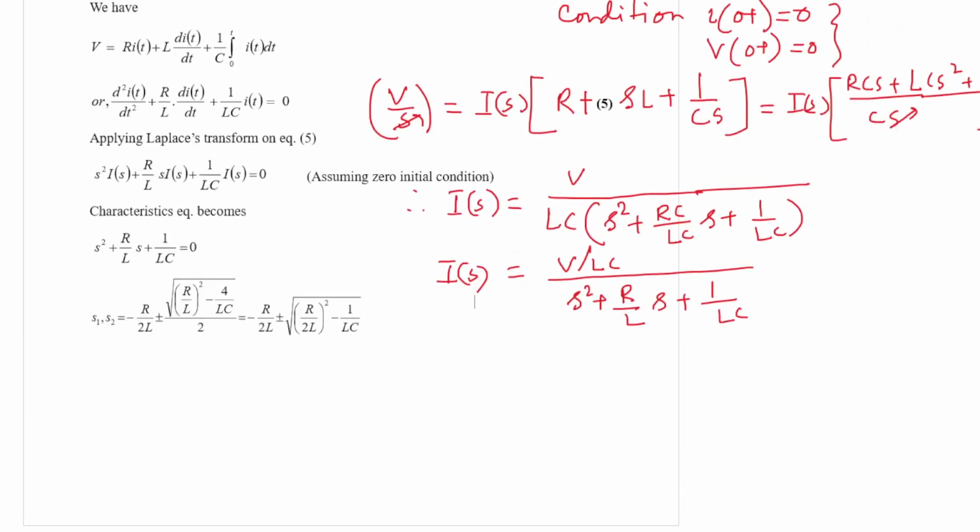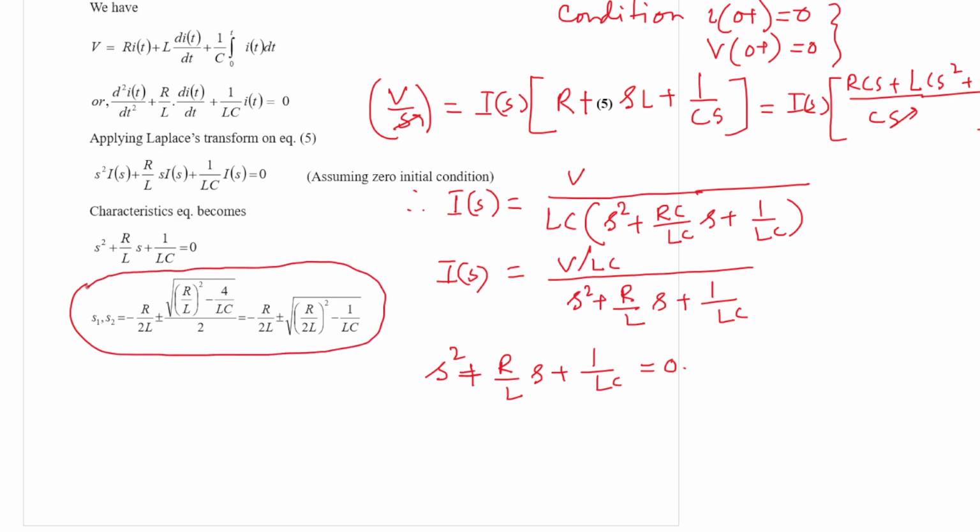Now if we consider S square plus R by L S plus 1 by LC equal to 0, the solution of I(s) is totally dependent on the roots of this equation.